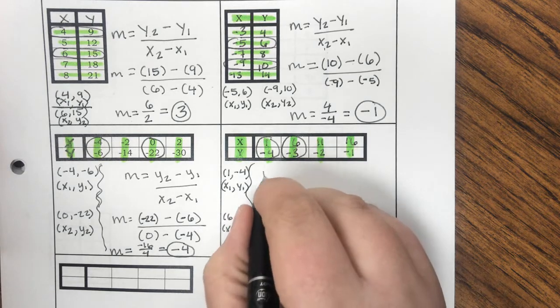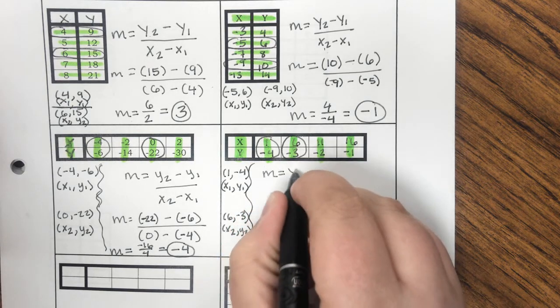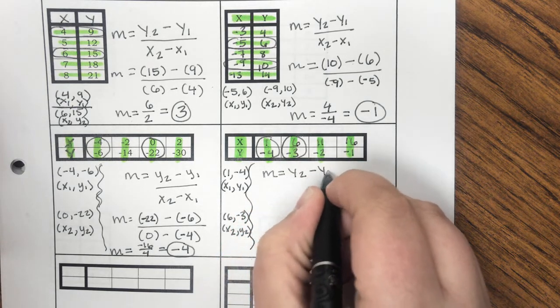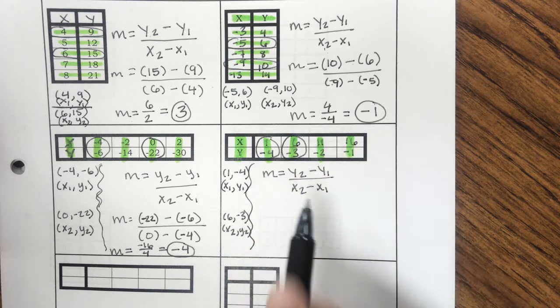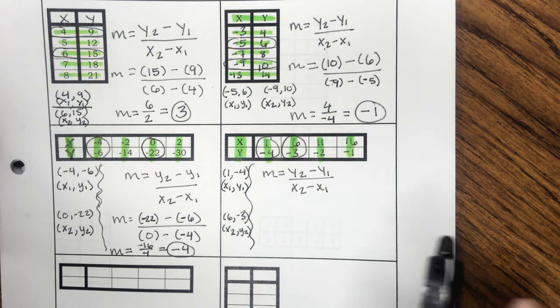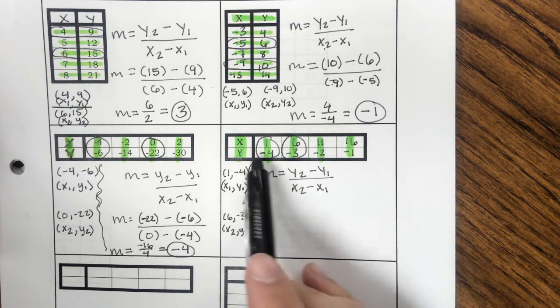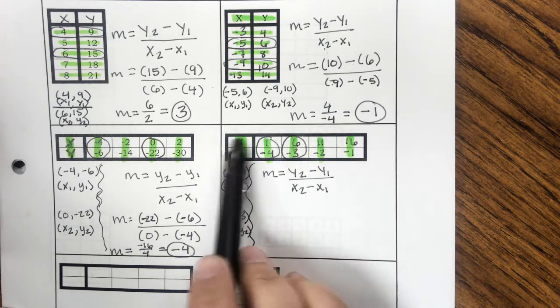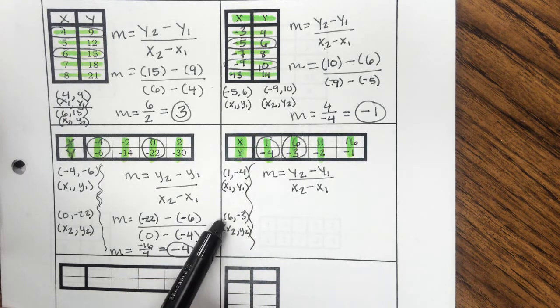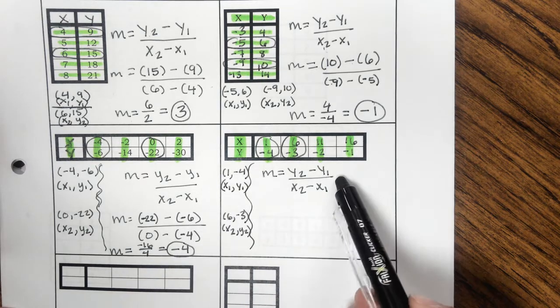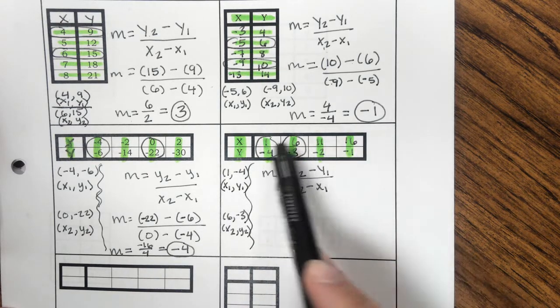I'm going to rewrite the slope formula, m equals y2 minus y1 over x2 minus x1. Just kind of a recap because I feel like I went through that pretty fast. We read our table. We wrote 2 ordered pairs. Now that I have 2 ordered pairs, we can use the slope formula to find the slope.